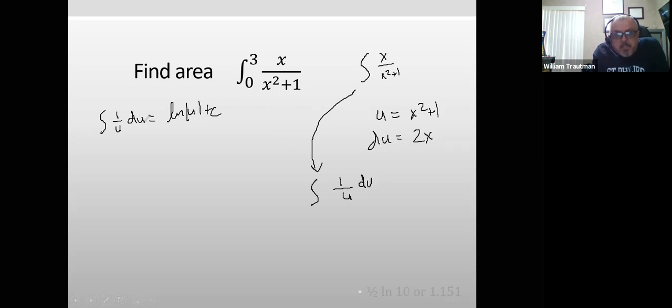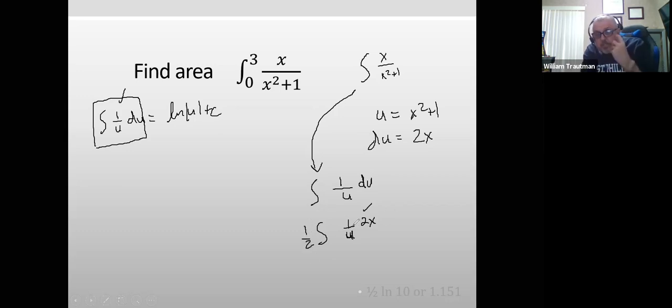This is the same thing here, 1 over u and du. Well, du in this case is 2x dx. So if I have a 2 here, I can only integrate this. I can't have other numbers there. So if I have that 2 there, I have to put a 1/2 here to cancel it out and turn it into 1.